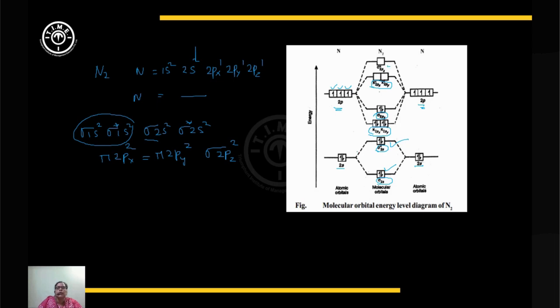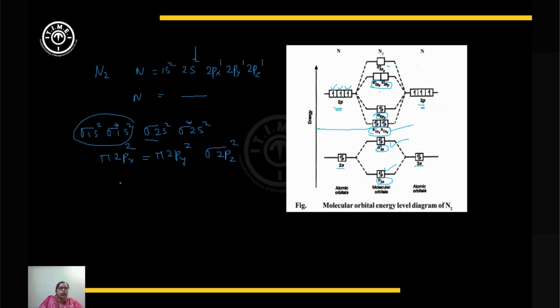So the molecular orbital electronic configuration is sigma 2s2, sigma star 2s2, pi 2px2, pi 2py2. These two are degenerate orbitals. We can see they have the same energies here. And then sigma 2pz2.